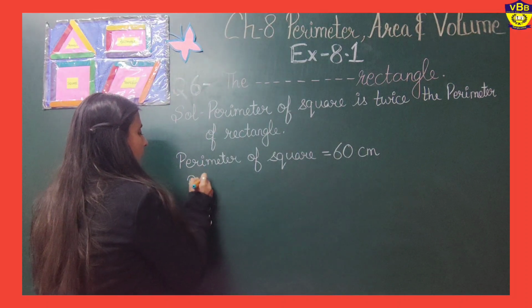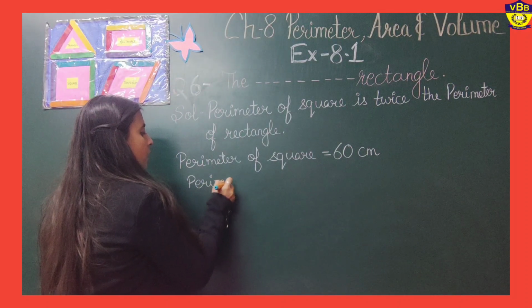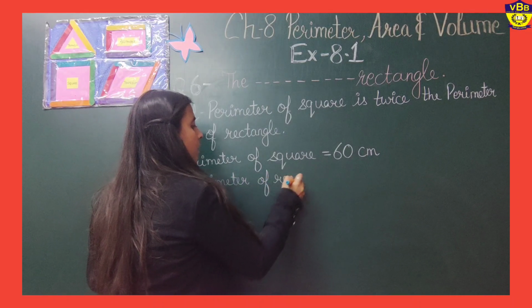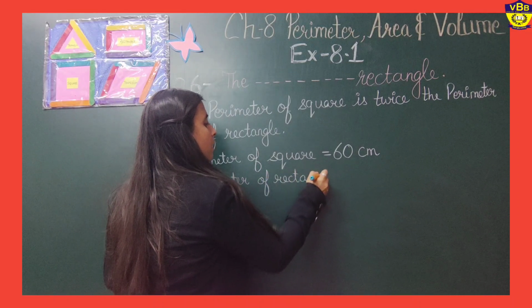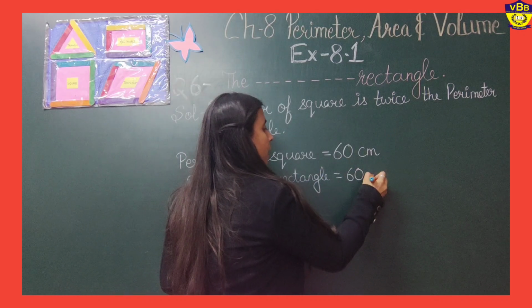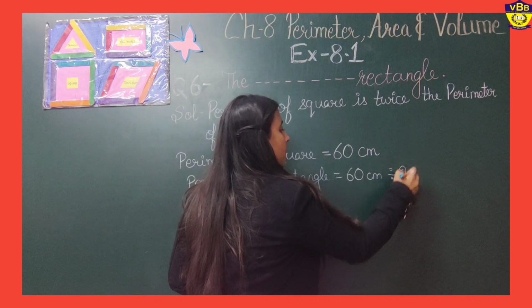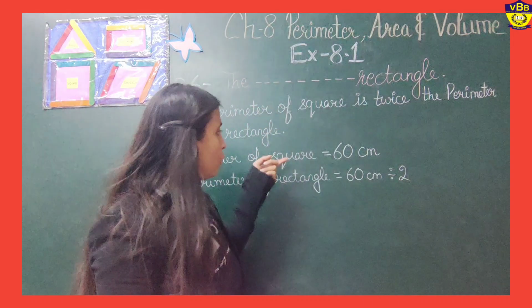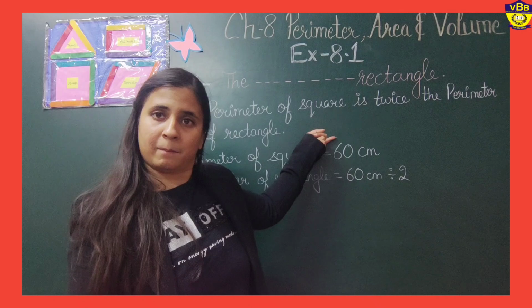To find the perimeter of rectangle, I will divide the given perimeter of square by 2. Double or twice means multiplied by 2. So, square's perimeter is multiplied by 2.